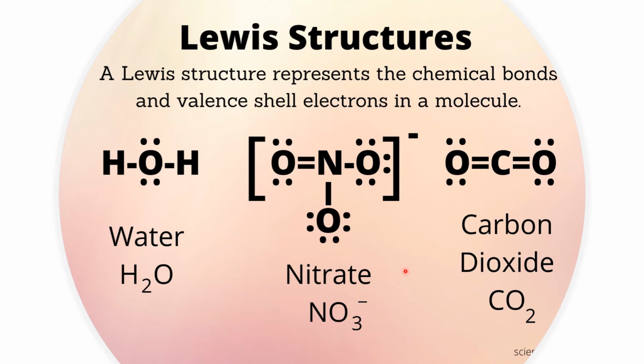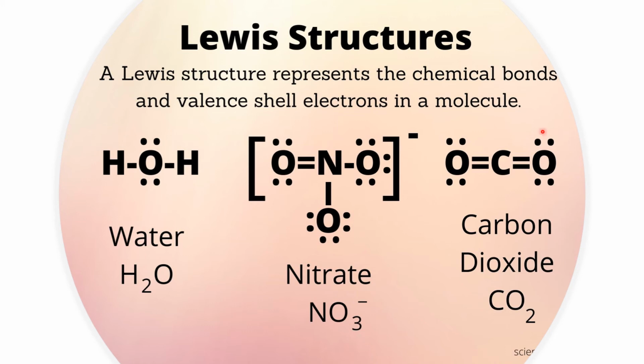These are other ways of drawing Lewis structures. So you can see that this whole thing, this nitrate molecule, has a minus by it on the outside here. This shows that this particular ion, or this molecule, is a negatively charged ion. It's an anion. By putting those brackets and the minus sign here, we know that this is now a negatively charged ion.